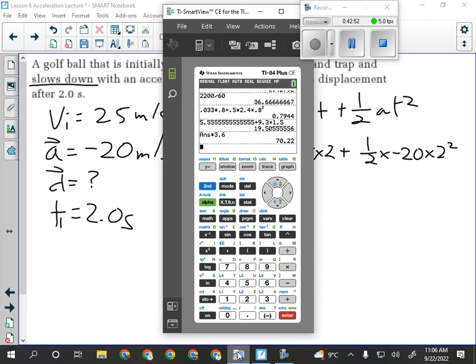All right, so 25 times 2, plus 1/2 times negative 20 times 4. I'm not going to write 2 squared in. Okay, all right, so we got 10 meters.